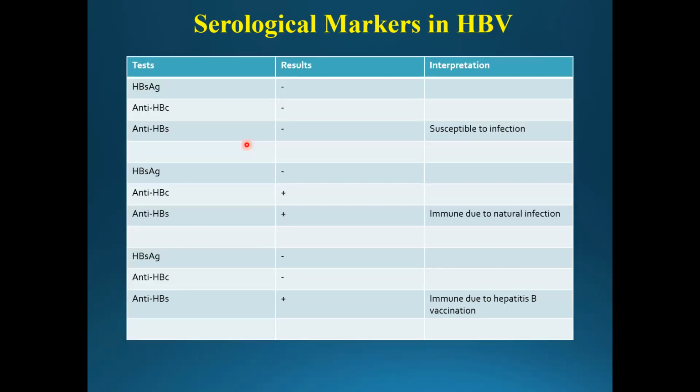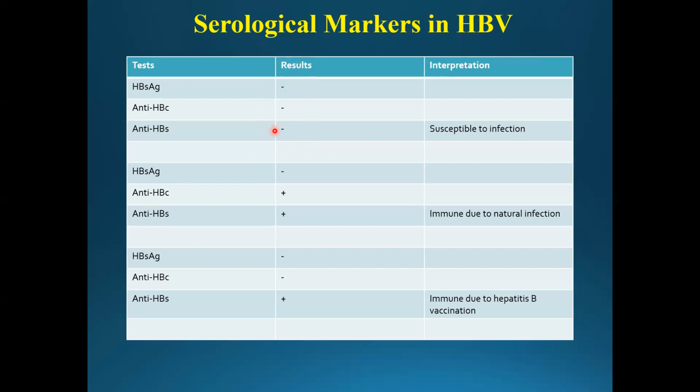Now, these are some exercises that I got from, I believe, the NIH website, yes. This is just to try to interpret some of the results that you get for people who may present with serologic markers for hepatitis B. Starting with a negative result for hepatitis B surface antigen, the core antibody, and the surface antibody, that tells you this is what you call a virgin person.